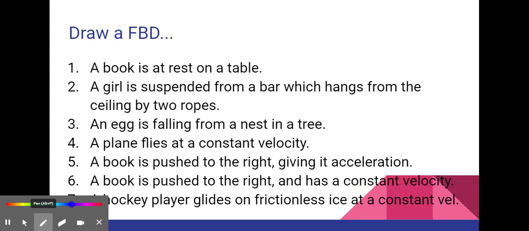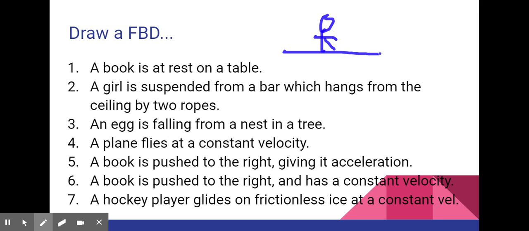Okay, finally, a hockey player glides on frictionless ice at a constant velocity. So we have our hockey player, they're on some frictionless ice, and they're gliding at constant velocity. We've got Fg, we have F normal, those are equal and opposite.